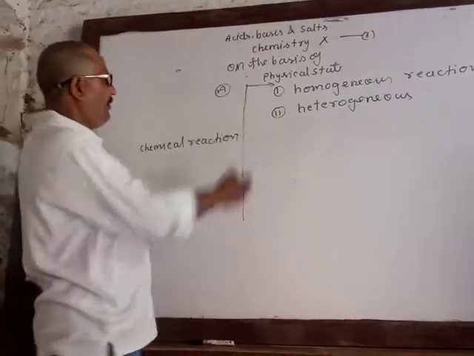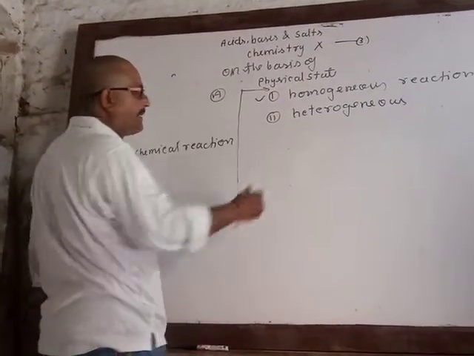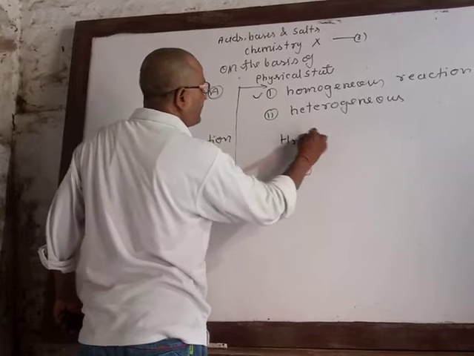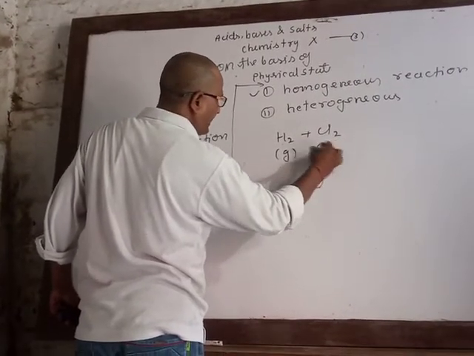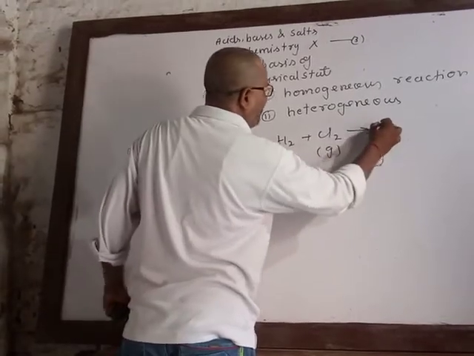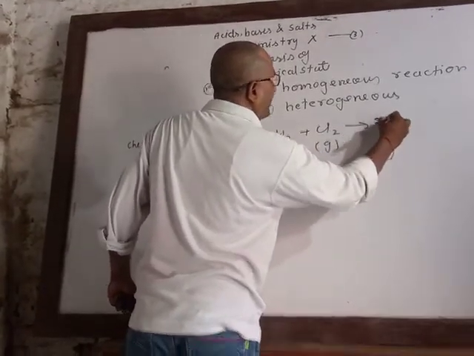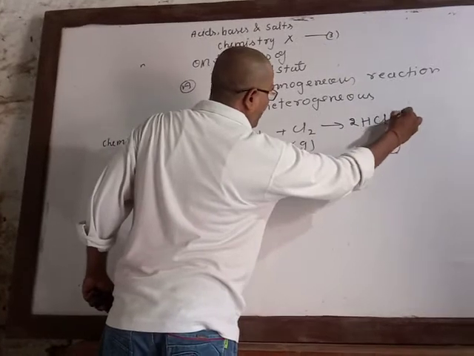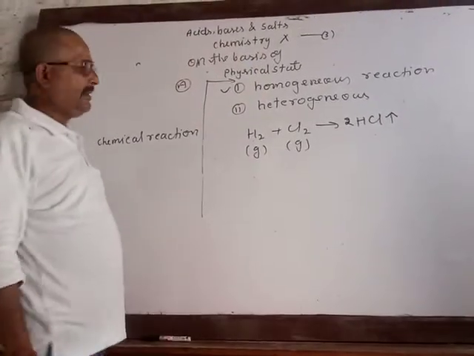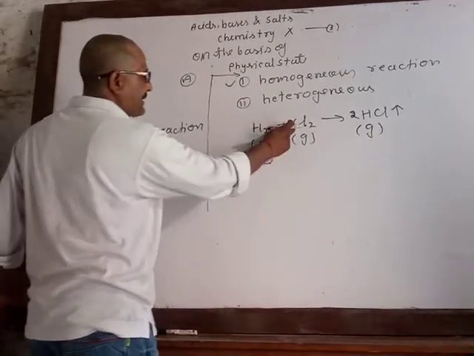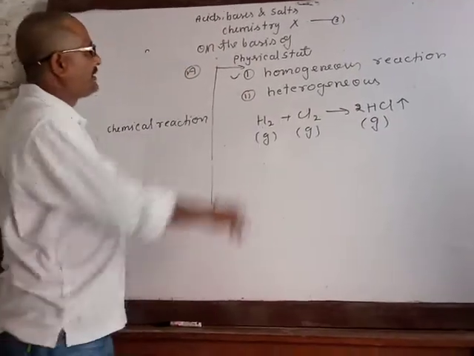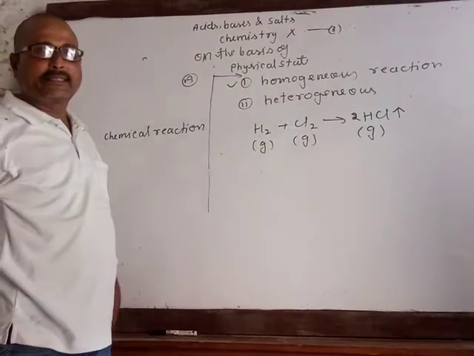See that in a homogeneous reaction, the reactant and product both are in the same physical state. Hydrogen and chlorine gas form hydrogen chloride gas. This is the symbol of the gas. Reactant and product both are in the same physical state, so this reaction is known as a homogeneous reaction.